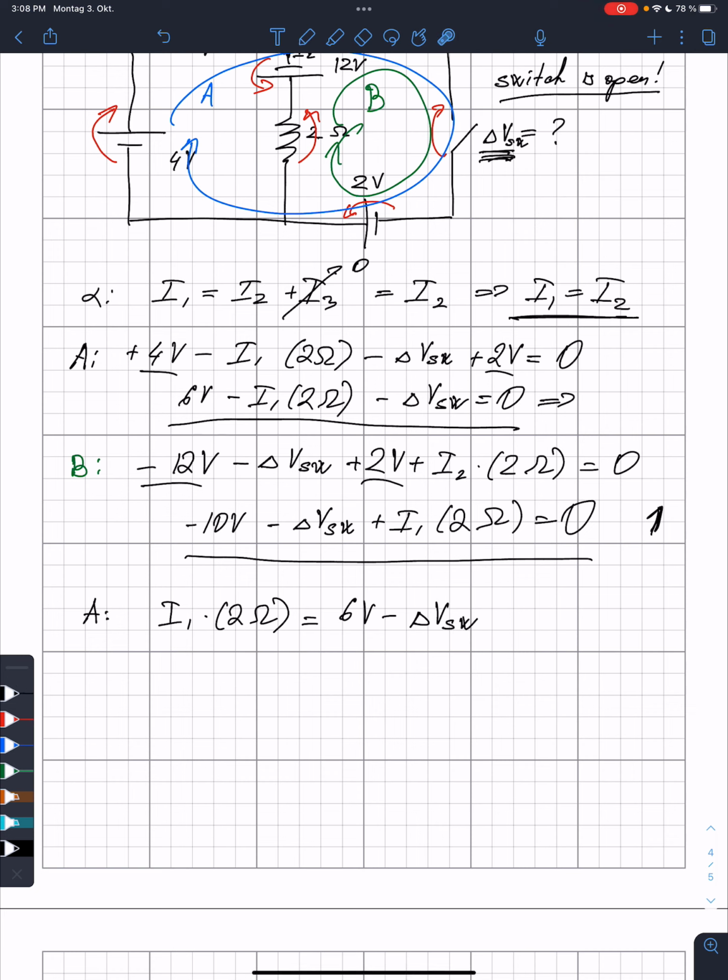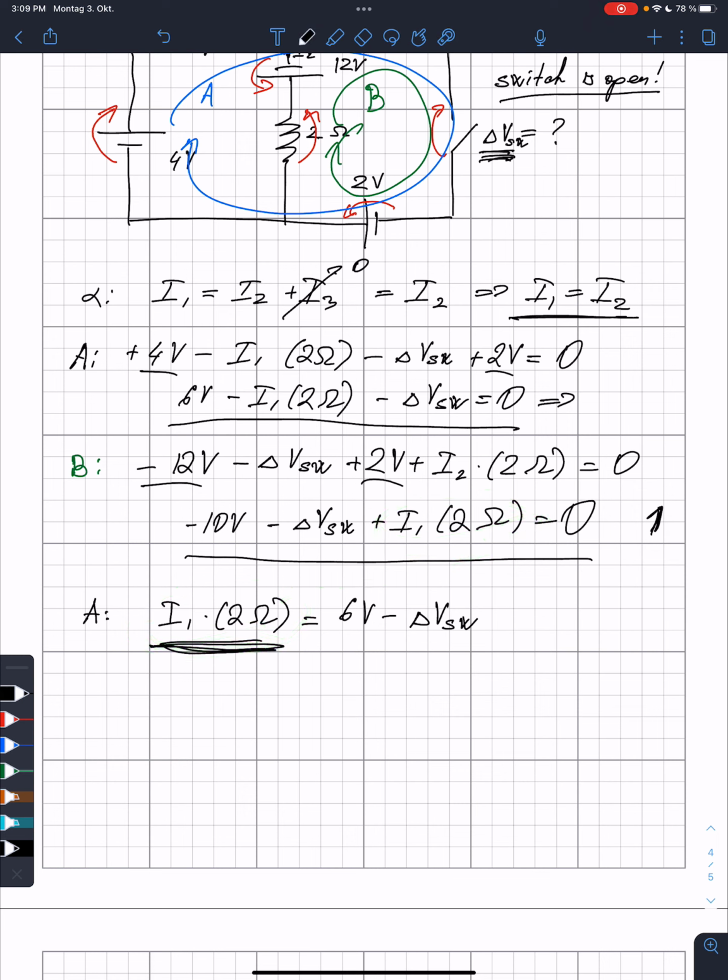I just took that term and transferred it into the right hand side, flipping the sign, so what is left is 6 volts minus delta V switch. I will substitute this into equation B, since the combination is the same and it's easier that way.